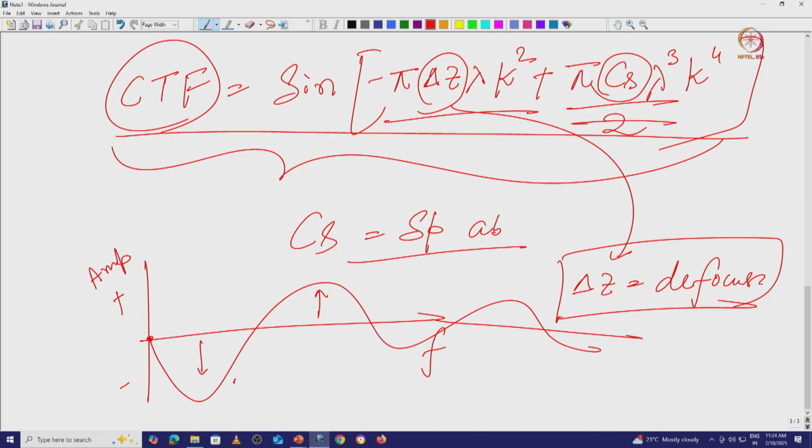the addition of multiple sine waves, because when you have an image and we go to Fourier space or the diffraction pattern, we are basically doing the Fourier transform of this image and we are getting those dots, and those dots, if you consider the diffraction pattern, mean multiple waves are coming together and merging together and giving those dots.